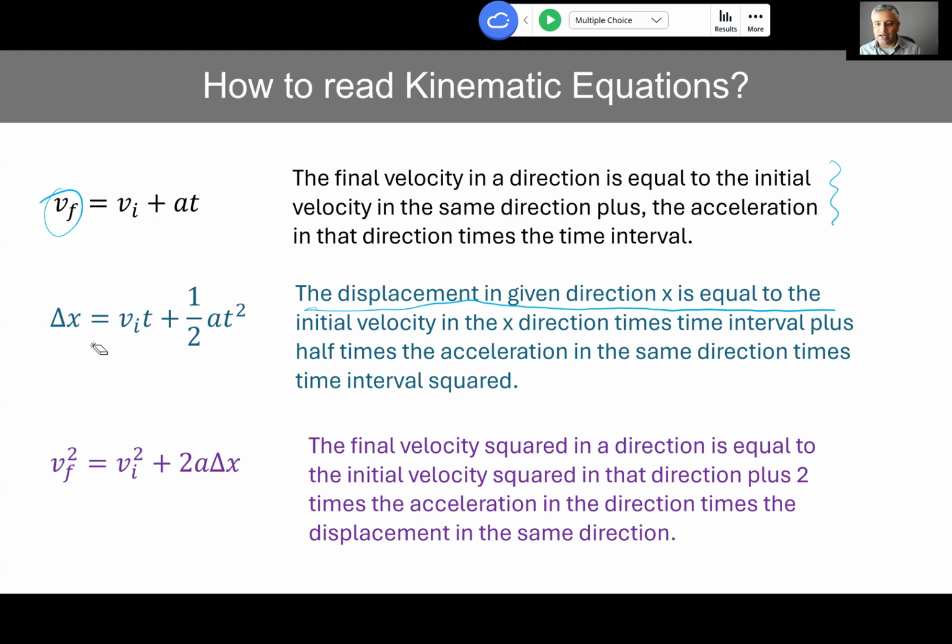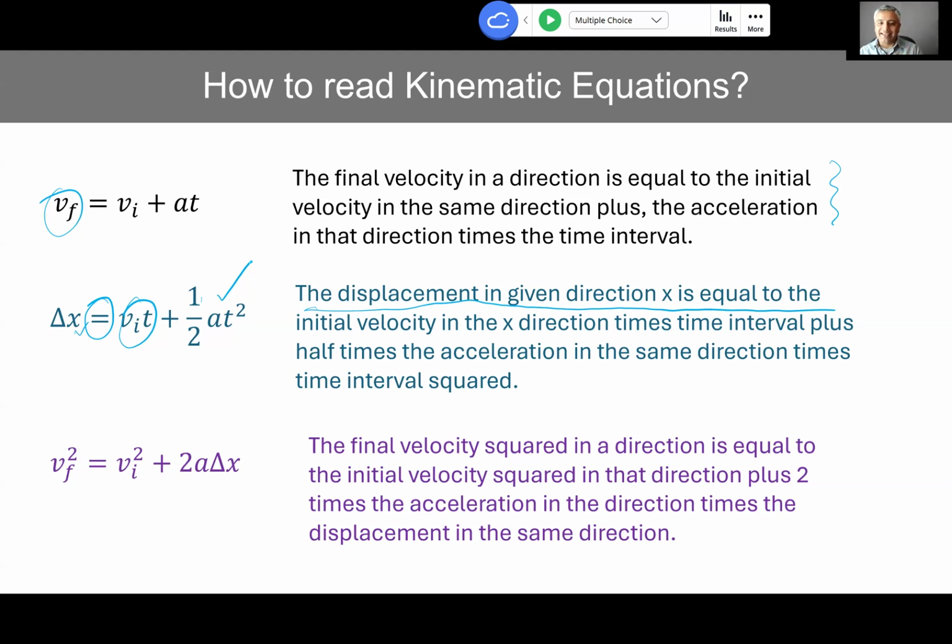Whatever direction the object is moving, we can call that x and use that formula. So displacement in a given direction, in this case x, is equal to the initial velocity in that same direction times the time interval, plus half times the acceleration, again in the same direction, times the time interval squared.